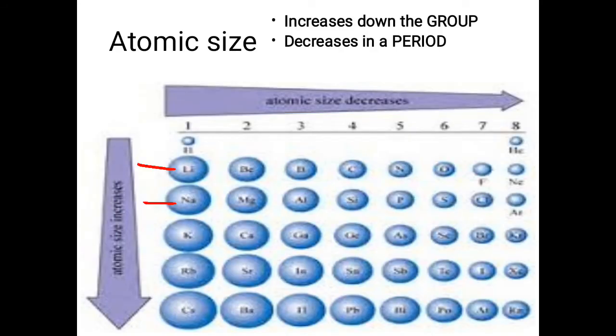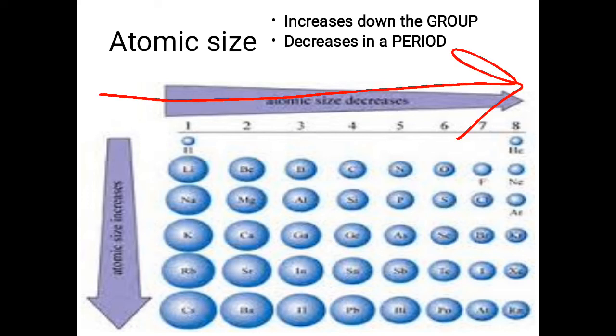But what about when we move in a period? As we move in a period, the beginning elements are much larger, but as we go away from them, the atoms are getting smaller, smaller, and smaller.